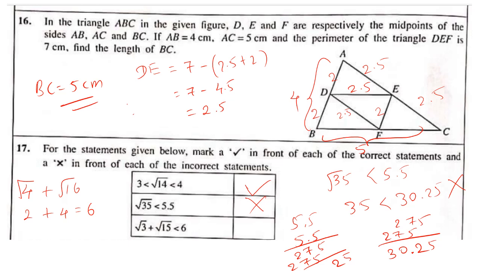We got root 4 and root 16, that means root 4 plus root 16 is equal to 6. So root 3 plus root 15 must be less than that. Therefore root 3 plus root 15 must be less than 6. Therefore we can say this is true.